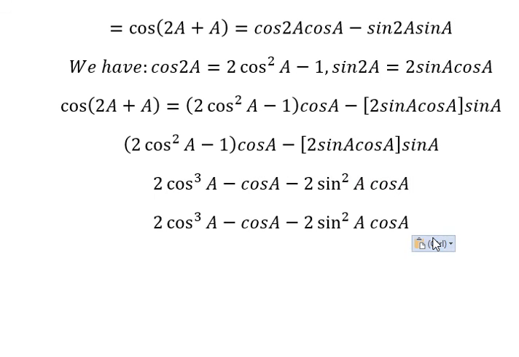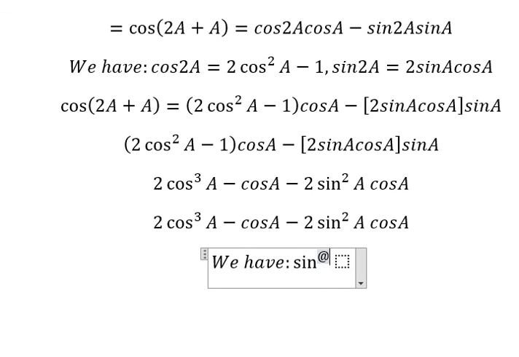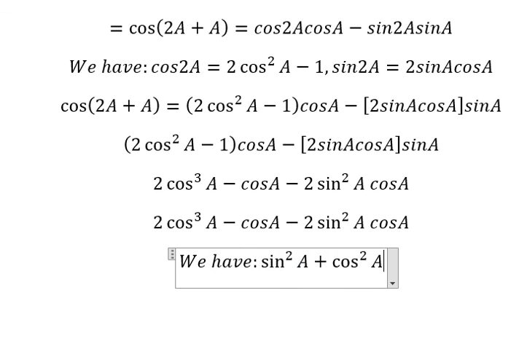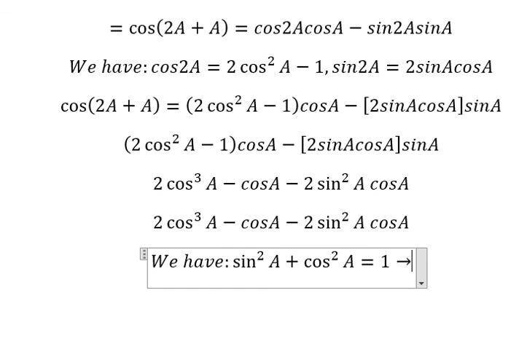The next one, we have the formula here: sin²A + cos²A = 1. So we have sin²A, so we put cos²A to the right.